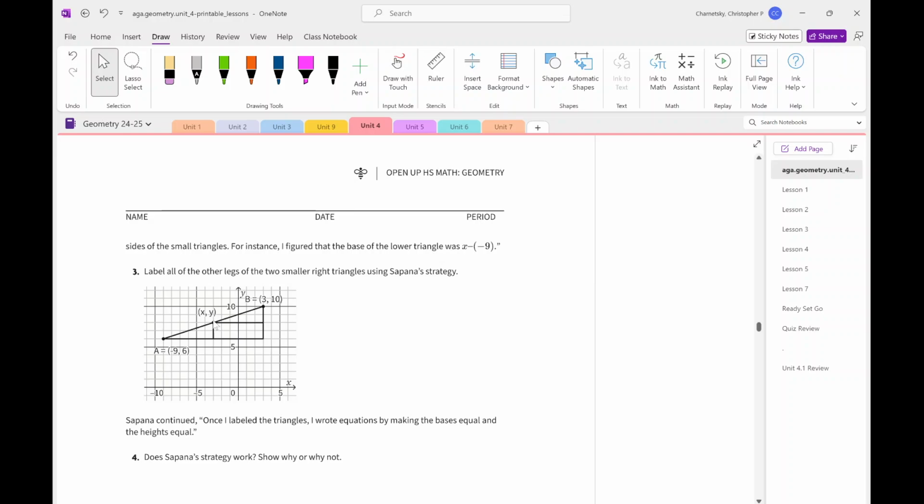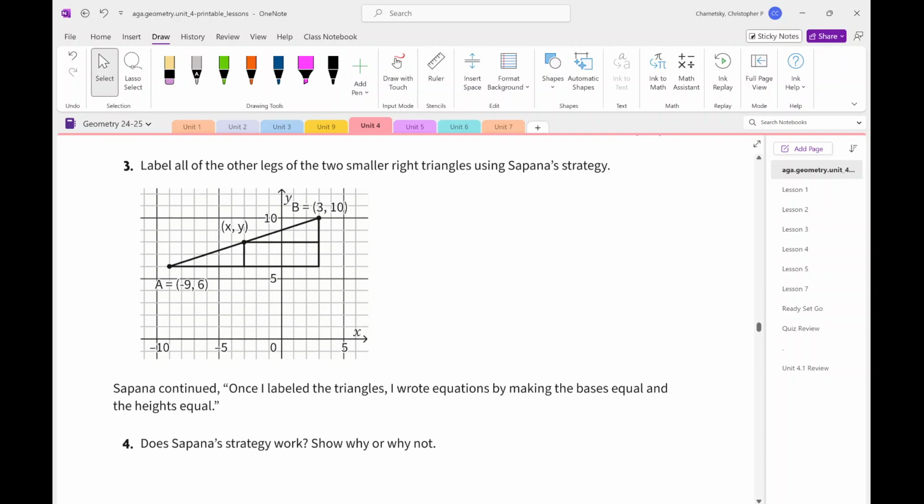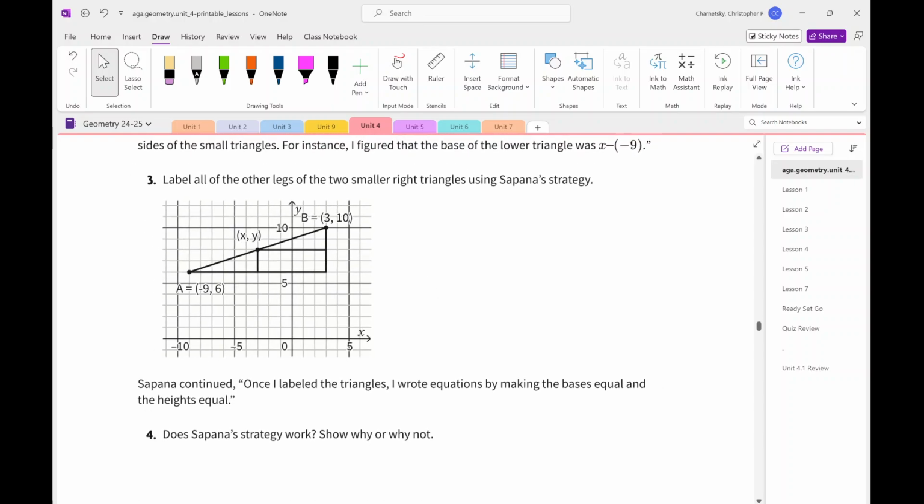She didn't know exactly what the coordinates were. But from that point, she'd have to, with some x minus -9. So she's saying this lower triangle, the base of that is x minus -9.